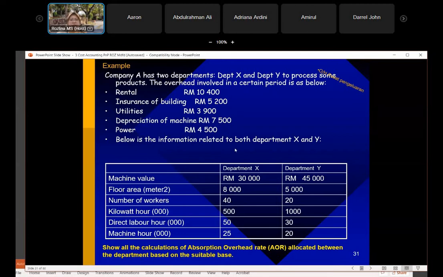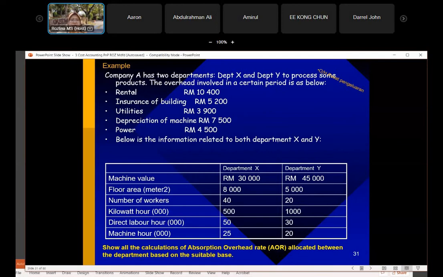Below is the information related to both departments, X and Y. Department X has its own machine value, floor area, number of workers and so on. Department Y also has these values for the machine, floor area and so on. So show all the calculations of absorption, overhead rate allocated between the departments based on the suitable base.